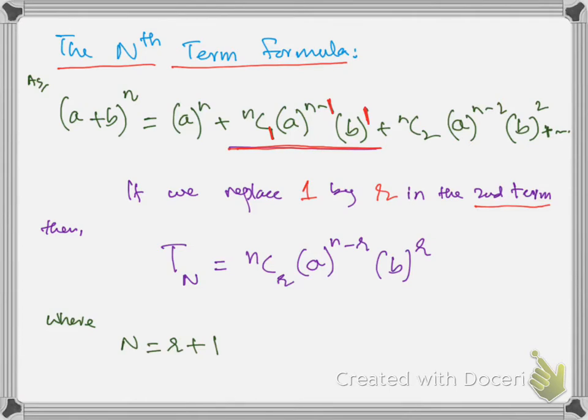See, if we replace this one by r, we will get nCr, n minus r and r. This is the way to make the formula of the nth term.